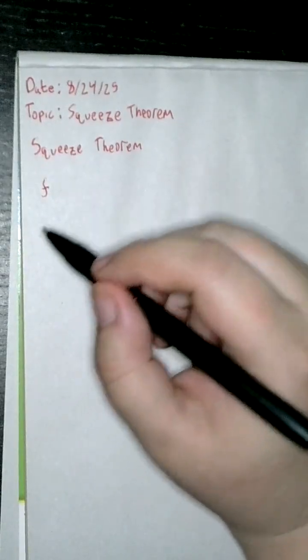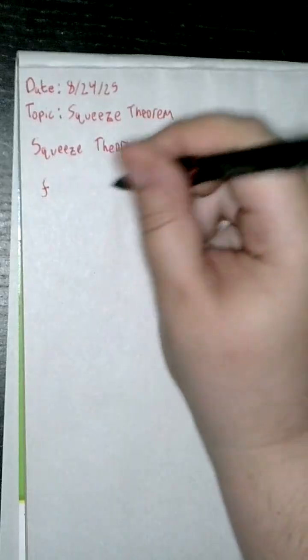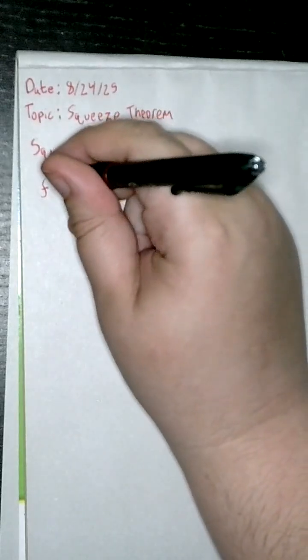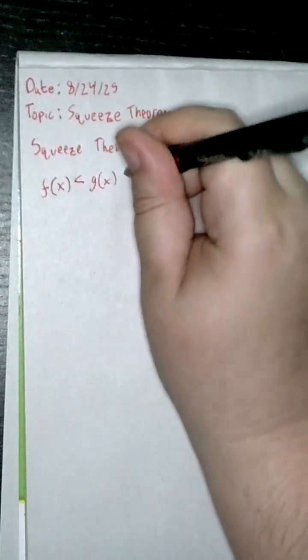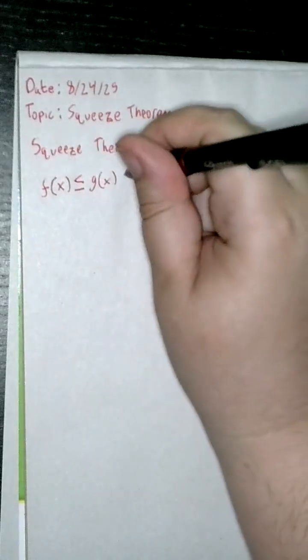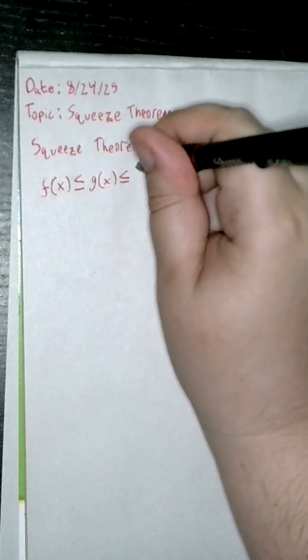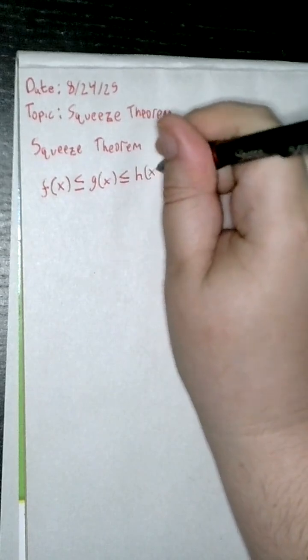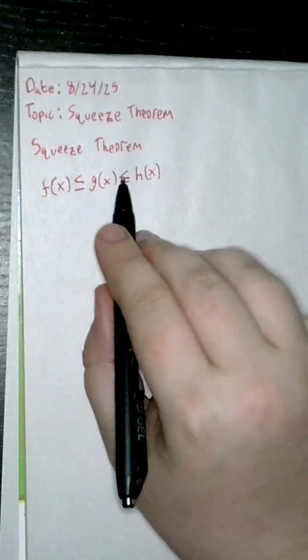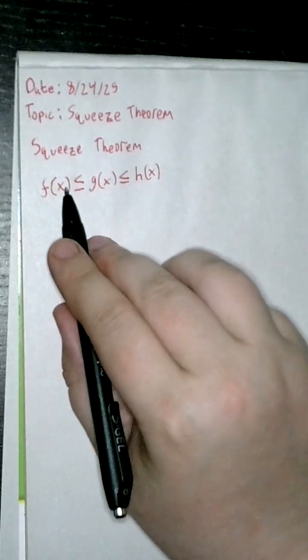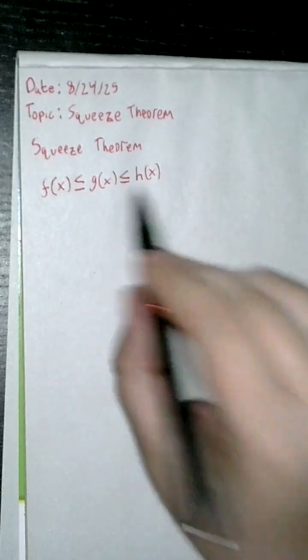Nope, but functions can be. So let's say I have three functions. I'm going to define them as f of x, g of x, and h of x. And I know about these three functions that g of x is less than or equal to f of x, which is less than or equal to h of x.